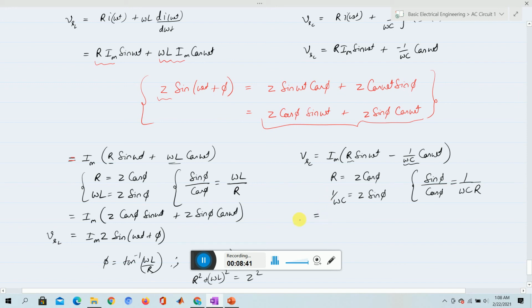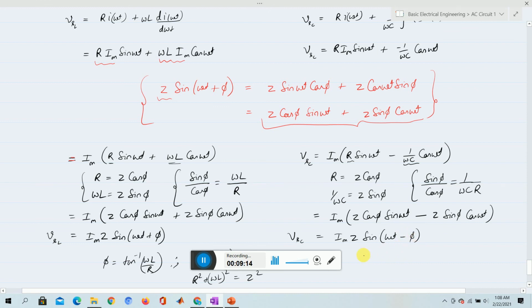And we can now rewrite here Im as Z cos phi. Only thing is that minus, here plus is there, here we get minus cos omega t, and here we get VSC is Im Z sine of, instead of omega t plus phi, here we are getting sine of omega t minus phi.